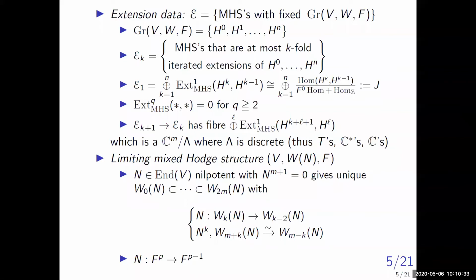A limiting mixed Hodge structure is a particular kind of mixed Hodge structure. You begin with a nilpotent endomorphism.